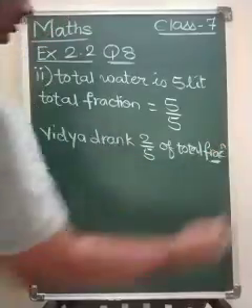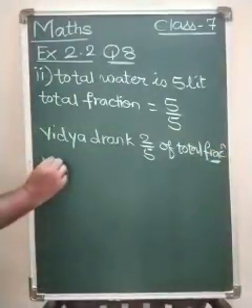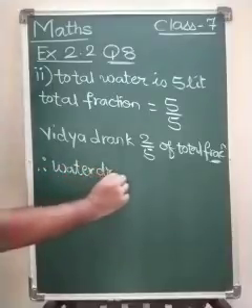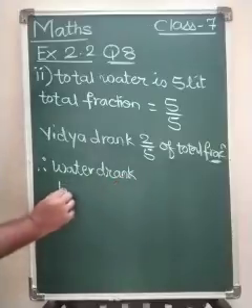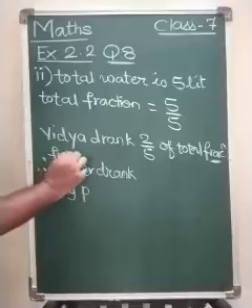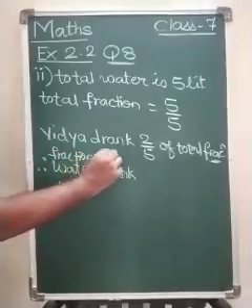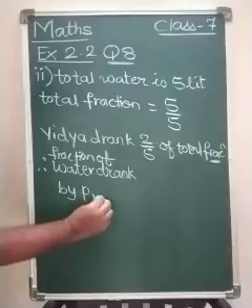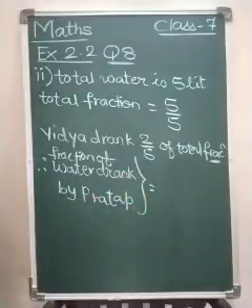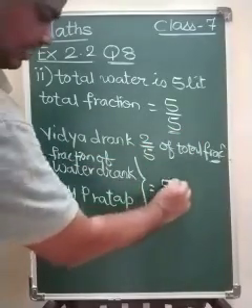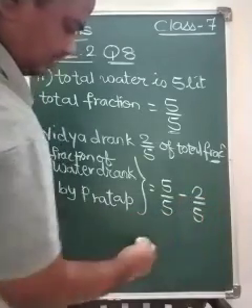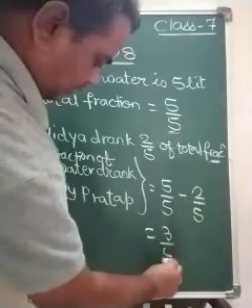Therefore, fraction of water drunk by Pratap equals, this is the total fraction, 5 upon 5 minus 2 upon 5, this equals 3 upon 5.